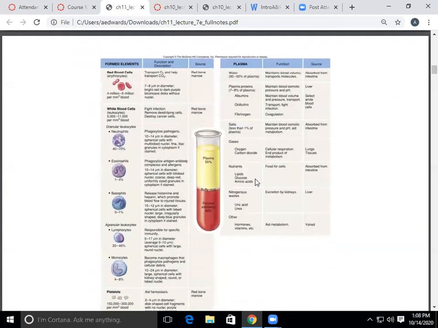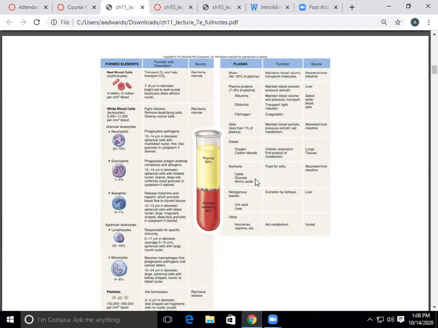All right, so we're going to talk about these in more detail, but just wanted to show you this chart. So you've got your red blood cells, your white blood cells, platelets. These are called formed elements. We'll go into this in more detail. All right, you can kind of see pictures of what each of these different cell types look like.